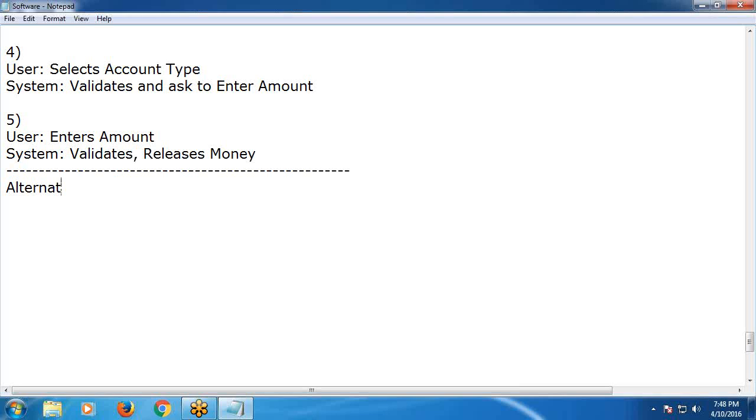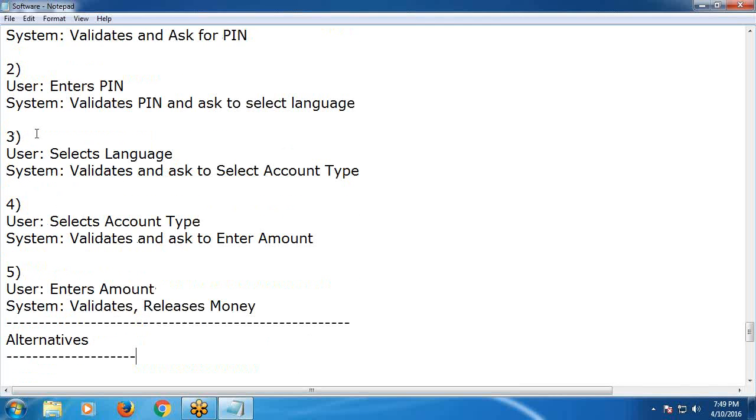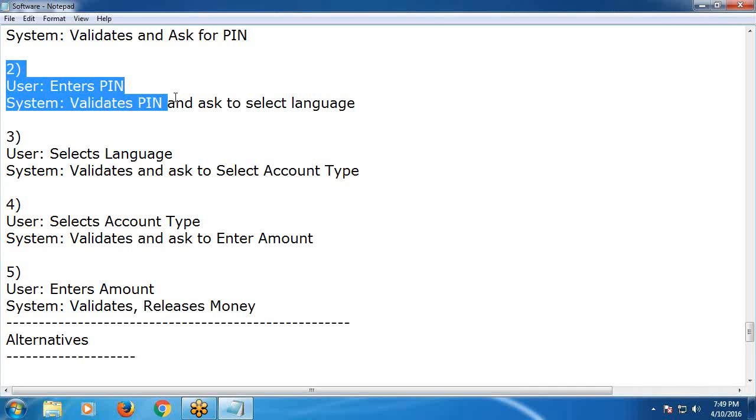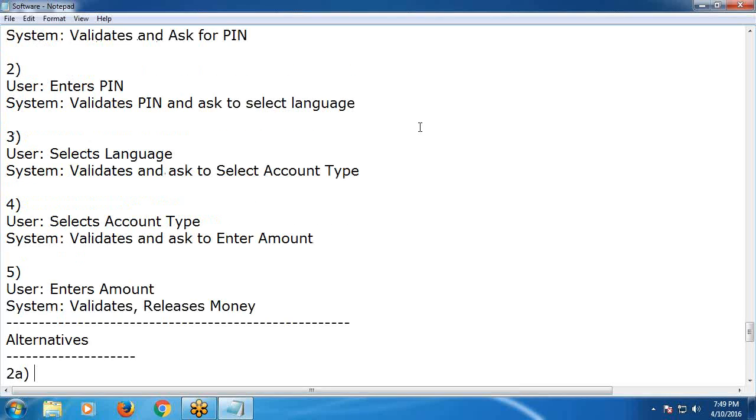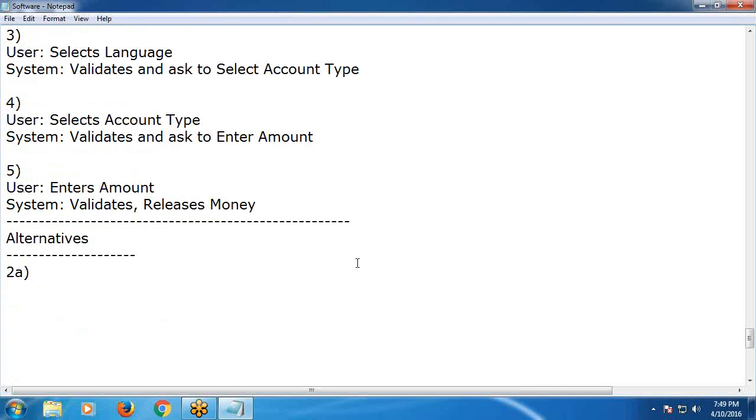For example, alternatives. See, we have so many alternatives. For example, for second transaction, can you give me alternate for second transaction? Suppose 2A. Second transaction enters PIN. Suppose if user enters invalid PIN.